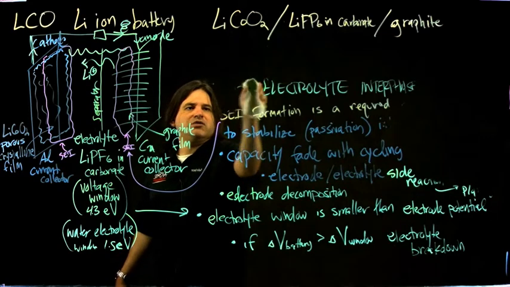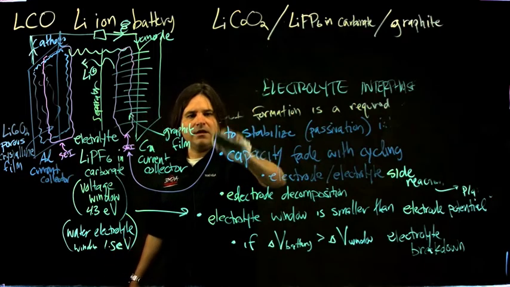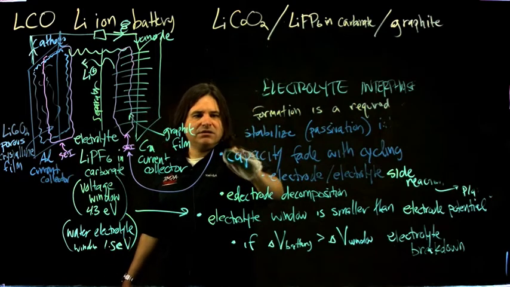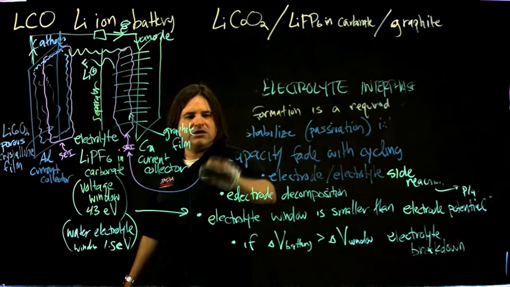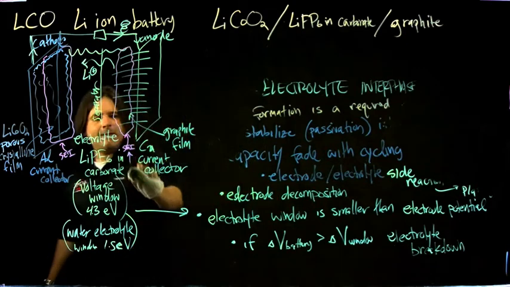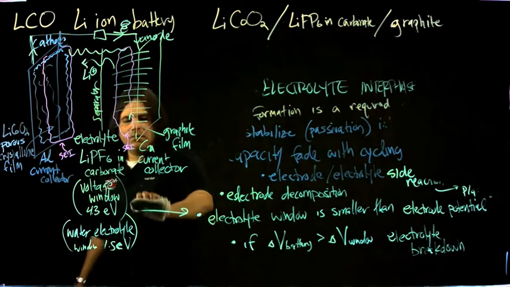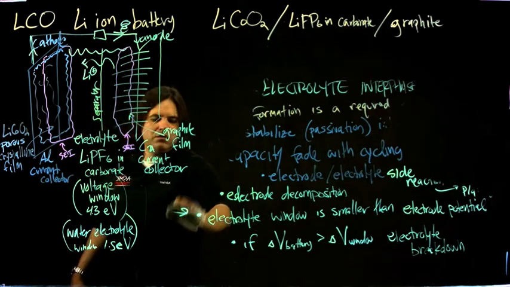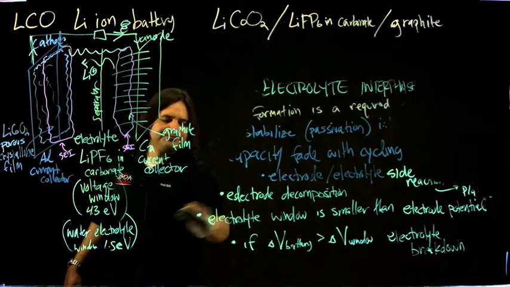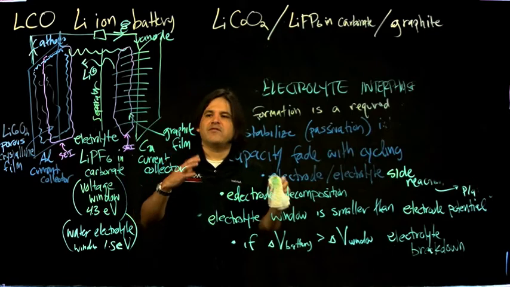And there's two situations that can happen. You can have a very fast reaction where these electrons exchange between different oxidized and reduced species, and if that's the case, the reaction happens very fast.